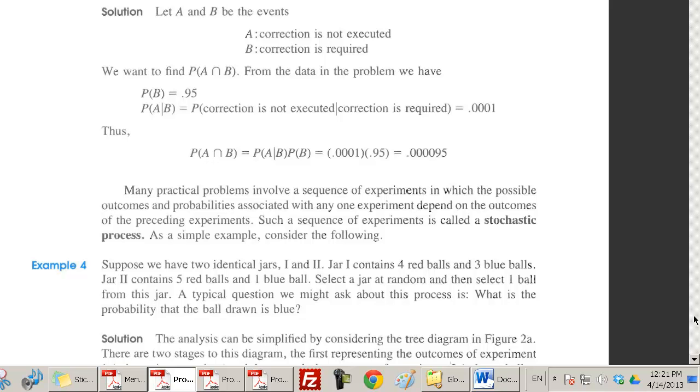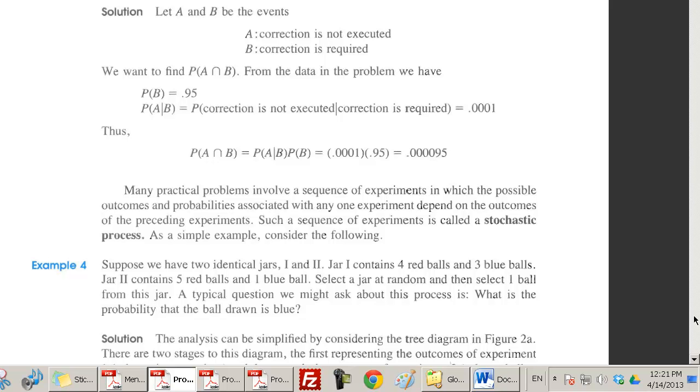Tests show that the probability is that a fire signal will not be executed when it is required. If the correction is required and not executed, the rocket will plunge into the sun's gravitational field. What is the probability that this will happen?